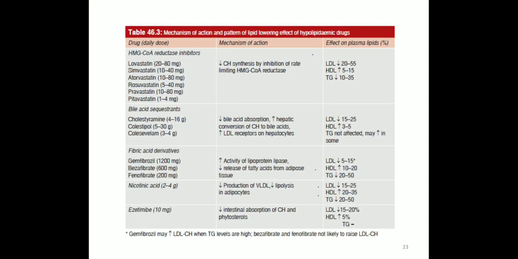Now the mechanism of action and the lowering. So the statin, HMG coenzyme reductase inhibitor, is the most important drug group for dyslipidemia. It decreases LDL by about 20 to 55%, as we can see in the first row.